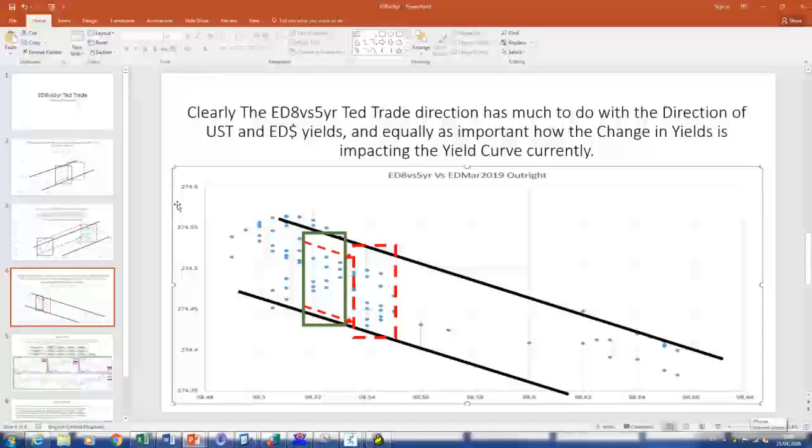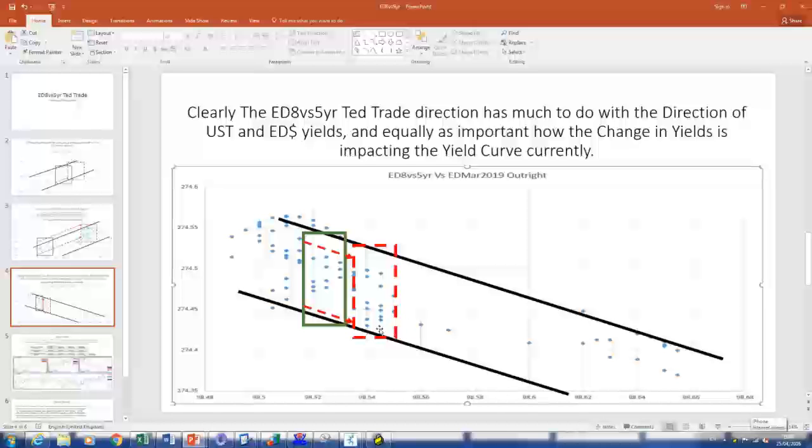So what I've got here, on the bottom line, is the Eurodollar H9, the March 2019 outright, so quite a way out, so it's a little bit more volatile. And what I've done here is plotted, every time I get an end of day plot in the Eurodollar March 19, where the 5-year TED spread is, right? With these black lines you can see a clear inverse correlation.